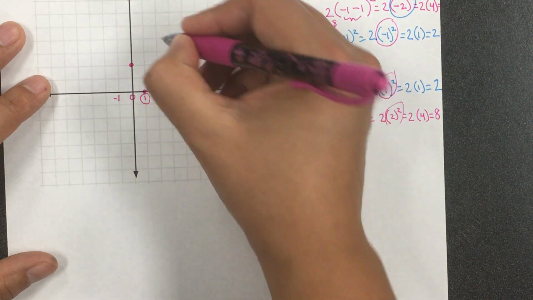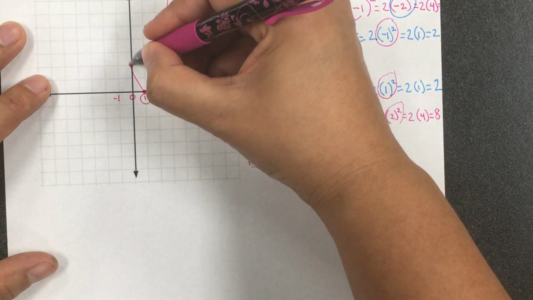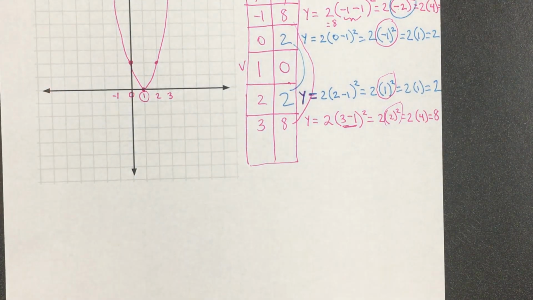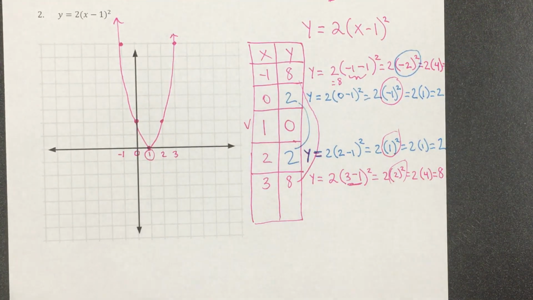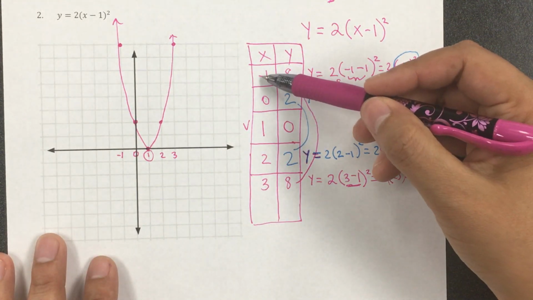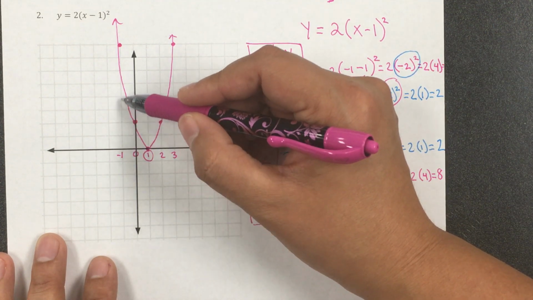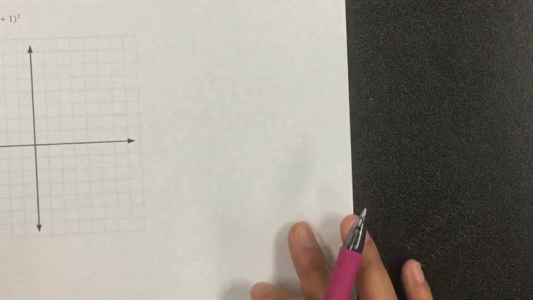And that's my parabola. Right there. Okay. Oops. Oh, I guess you didn't see -1, 8 is -1, and then you count 1, 2, 3, 4, 5, 6, 7, 8. Okay, let's do number 3.